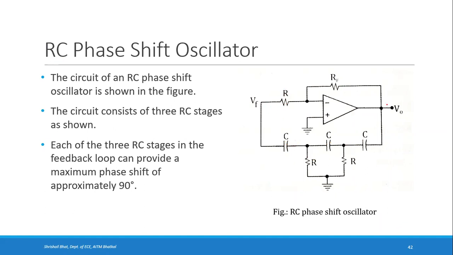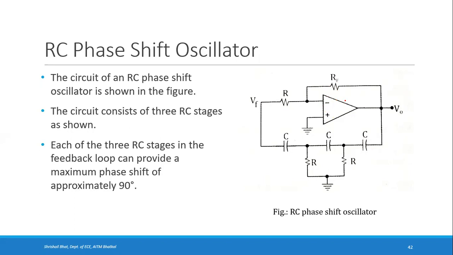This is an RC phase shift oscillator using an op-amp. Sometimes you can use a transistor, maybe a BJT or an FET, to create the amplifier. Here we are using an op-amp in the amplifier stage.